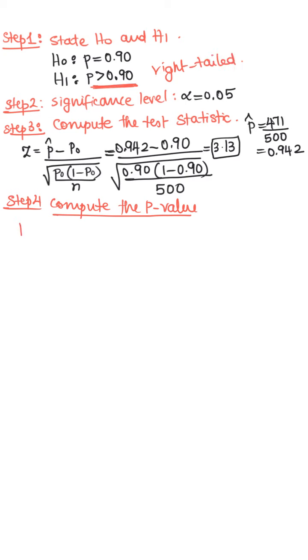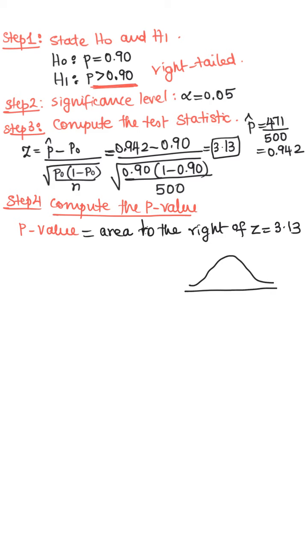So the p-value will be the area to the right of z equal 3.13. If you are graphing, it is the area on the right side of 3.13.